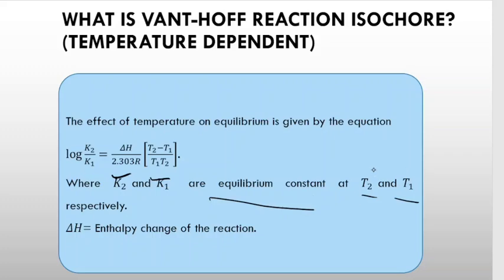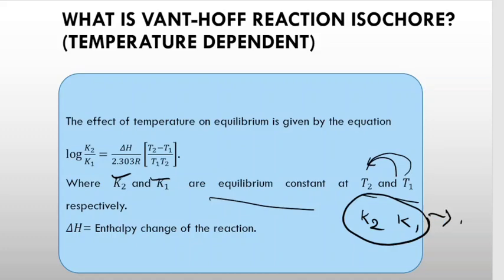That means if we change the temperatures either from T2 to T1 or T1 to T2, what happens to the equilibrium constant values? Because we know equilibrium constant only depends upon the temperature.